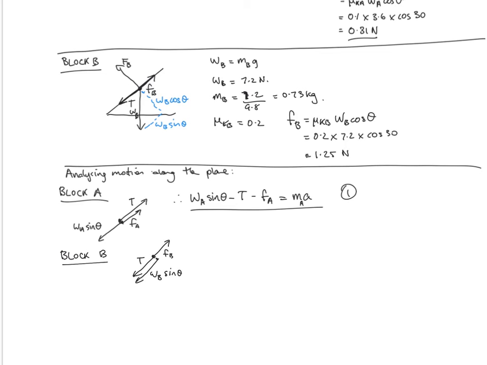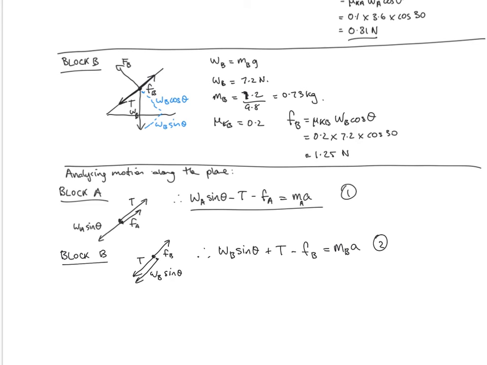So that's our force due to gravity. Okay, so if we add all those together, then we now have WB sine theta, positive value acting down the plane, plus T, because T is now acting down the plane as well, minus FB equals MBA.